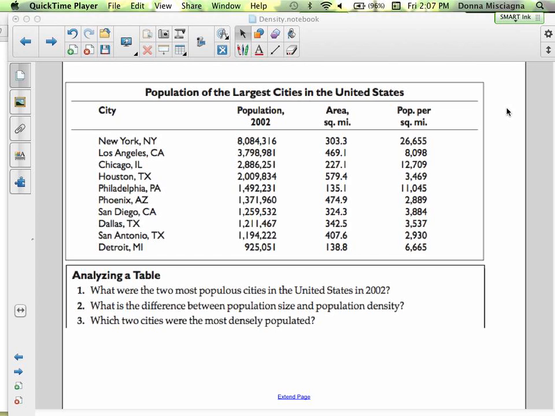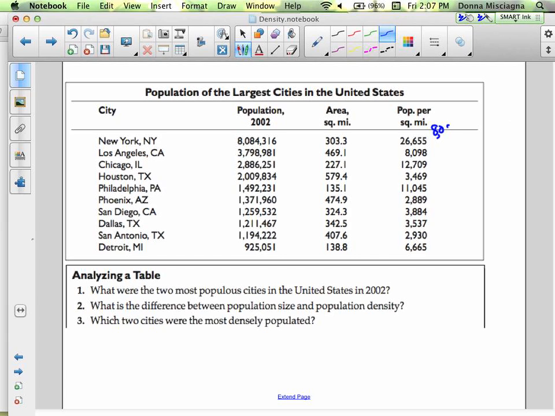Population density, to find that, for instance, this population density here would have been equal to 8,084,316 divided by 303.3.